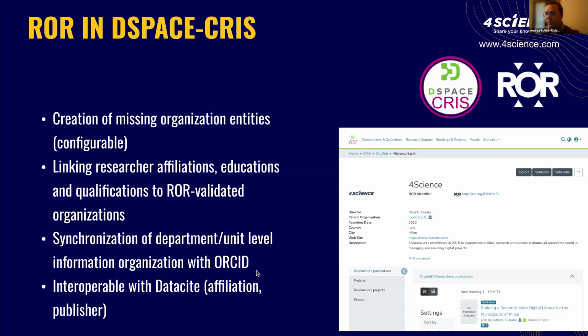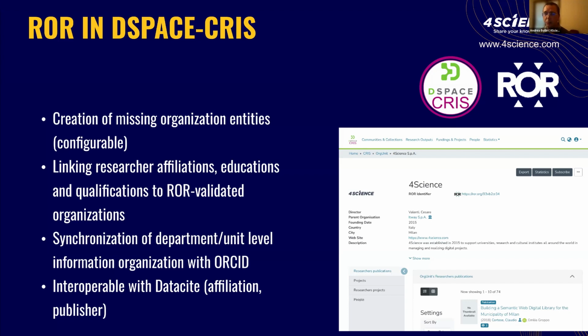One of the most interesting aspects of DSpace-CRIS is the capability to deal with hierarchical metadata. In DSpace-CRIS, you can track information about affiliation, education, and qualification for your researchers. And all of this information relies, of course, on accurate identification of the involved organization.